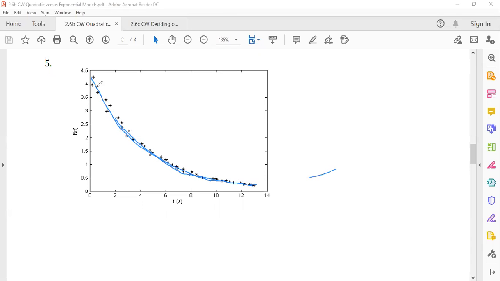But this curve is more indicative of a quadratic curve than an exponential curve, because an exponential curve would have gone more like that. It's a sharper turn when it goes from small to an increase, whereas a quadratic curve is a lot wider of an increase. So this is a quadratic model.